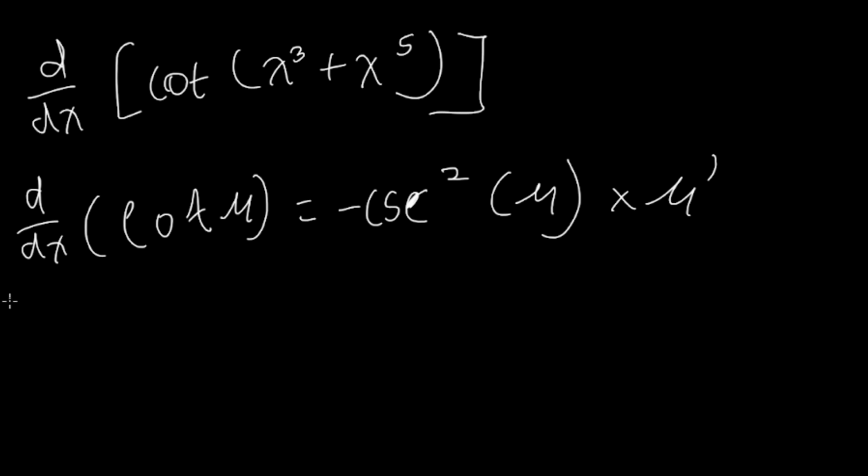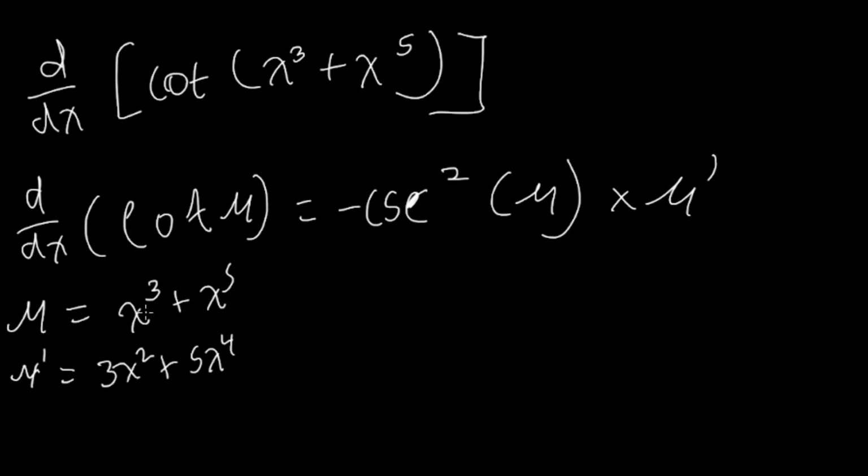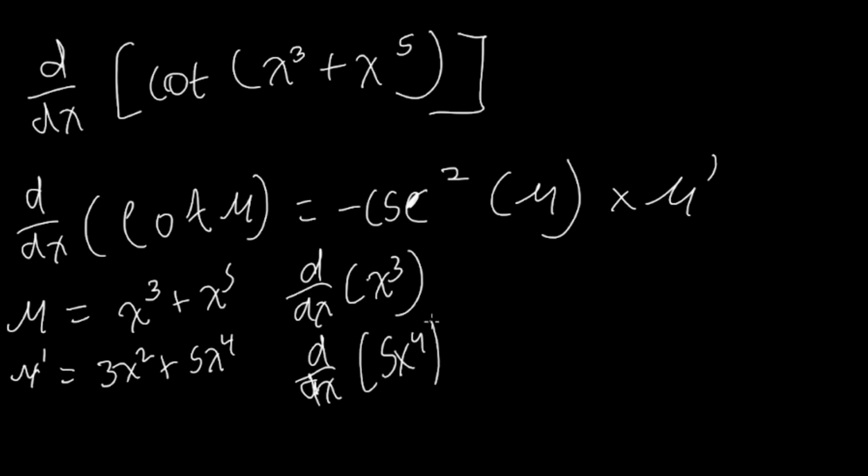So we know that u is equivalent to x to the power of 3 plus x to the power of 5, and u prime is equivalent to 3x squared plus 5x to the power of 4. We just took the derivative of each term.